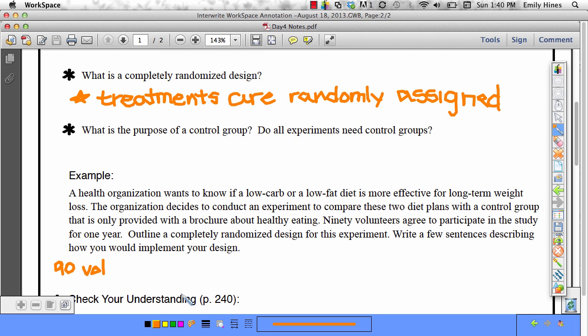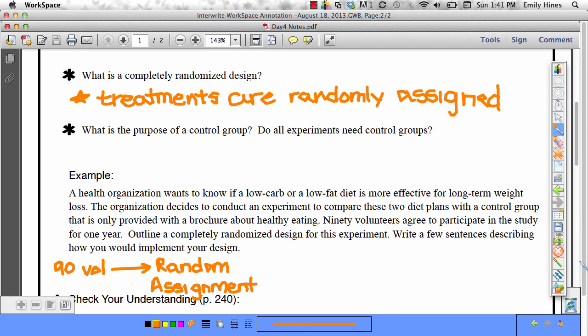and then we would use some type of random assignment. For me to just say random assignment here in my diagram is not enough. I would need to, below my diagram, explain how I did my random assignment.